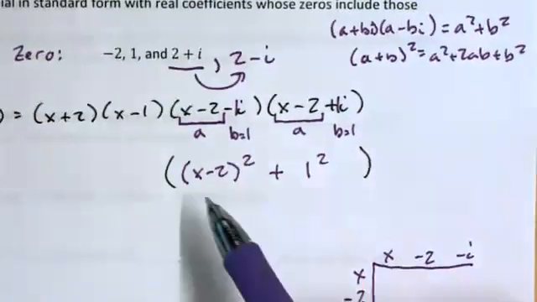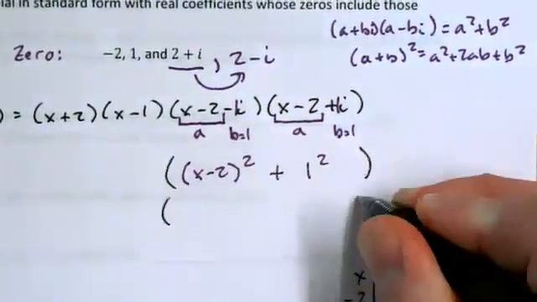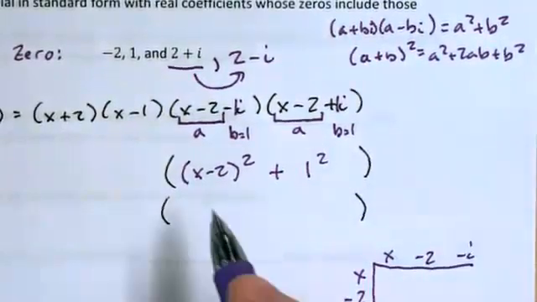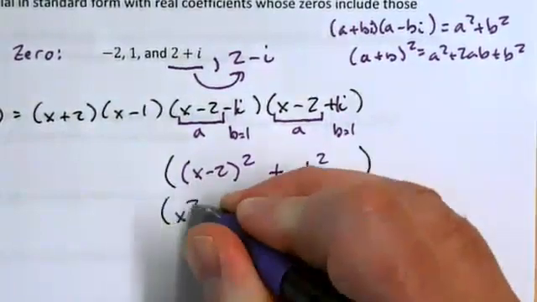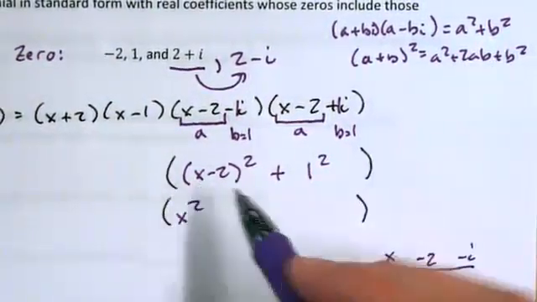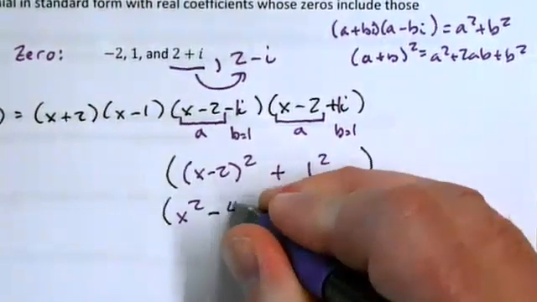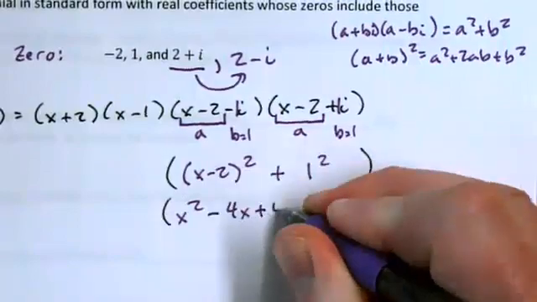Now I can do the x minus 2 quantity squared using another shortcut. X minus 2 quantity squared using this shortcut would be x squared minus 2 times a times b. That'd be 2 times x times -2, or negative 4x, and then plus b squared. So plus -2 squared is 4.